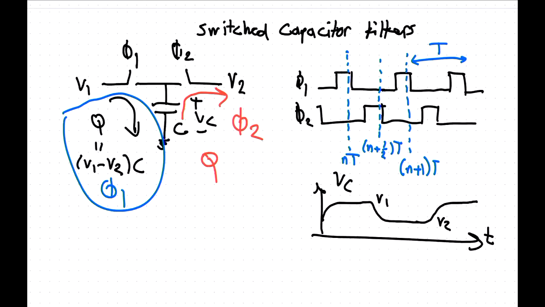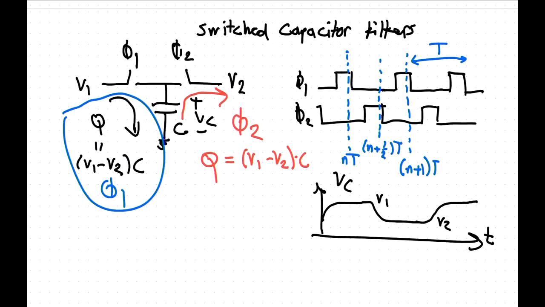Assuming V1 was higher, that charge will flow that way, and it's going to be discharged to V2. Same charge change. So it's equal to V1 minus V2 times C. In either case, it's the same charge.